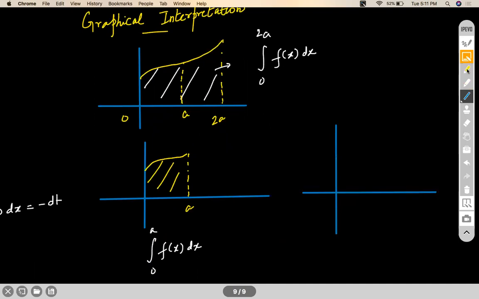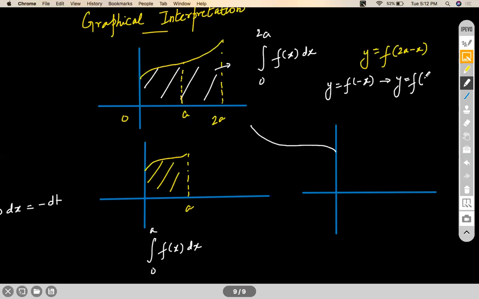So how do you make the function f of 2a minus x? It can be obtained first by making f of minus x. That means you're replacing x with minus x, so you're reflecting the graph about the y-axis, and then you are changing your x with x minus 2a.